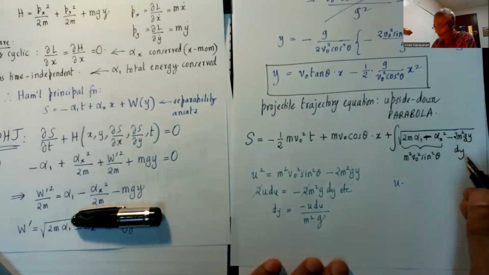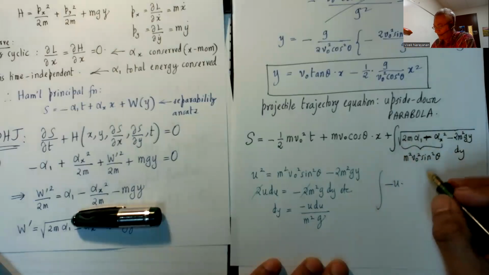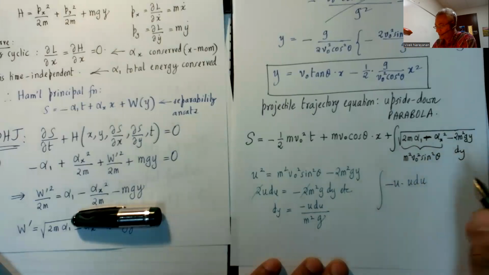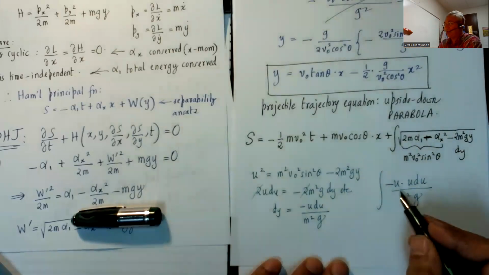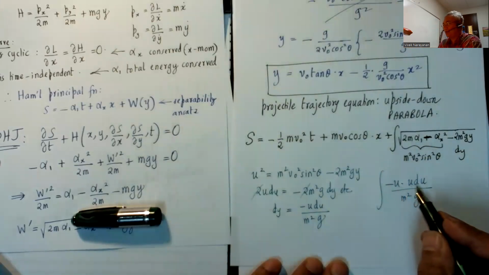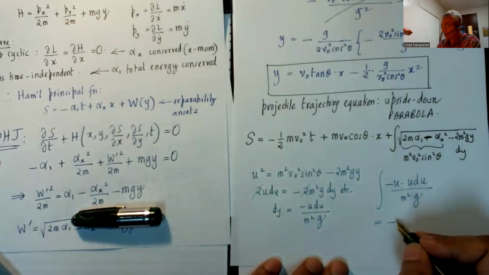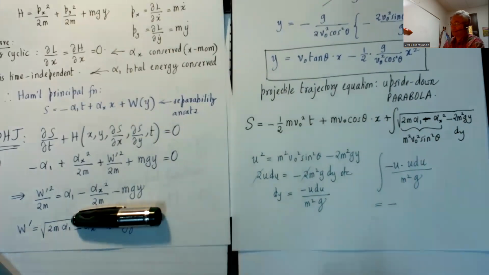It's U times dy, which is just this integral part. U du over m squared g. And that's going to be U squared du, which is U cubed over 3. So this part's going to be negative. Let me see.